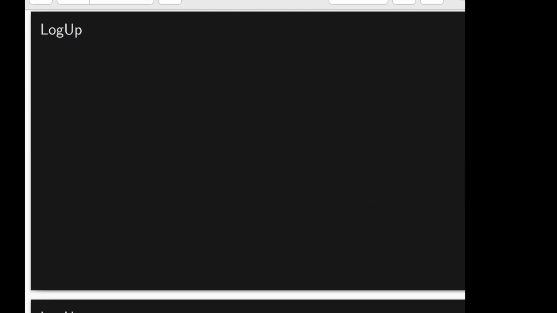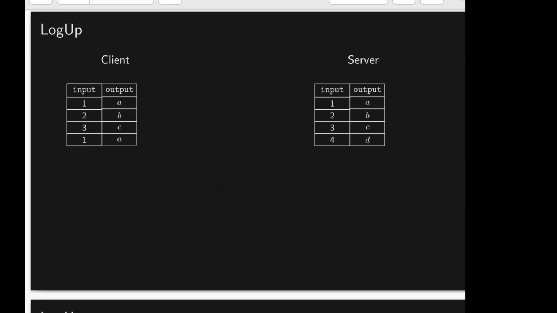So how do logups work? The thing that we want to prove, remember, this is across tables. So this could be the hash function and the cascade table, or the cascade table and the lookup table. We want to show that the set of rows of one table is a subset of the rows of another table.